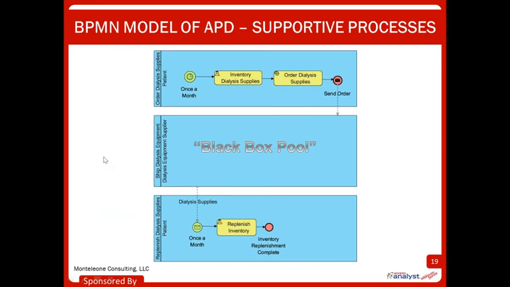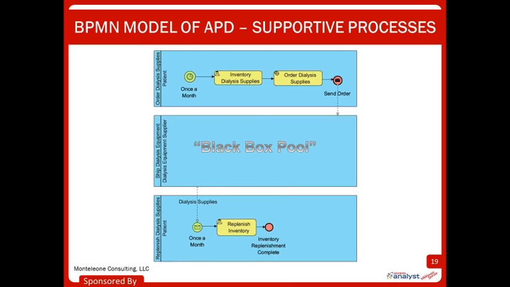Okay, these are three supportive processes, and you'll notice this one here is called order dialysis supplies. Patient does this. This one in the middle here, this one's called ship dialysis equipment, okay, and this is a dialysis equipment supplier. And then the third one here is the patient again that's actually replenishing, okay, various different equipment that is provided by the supplier.